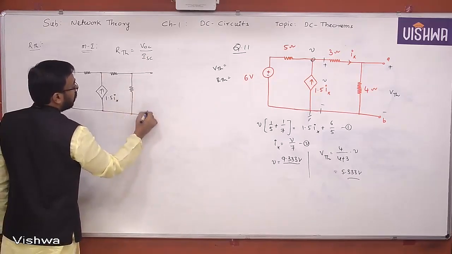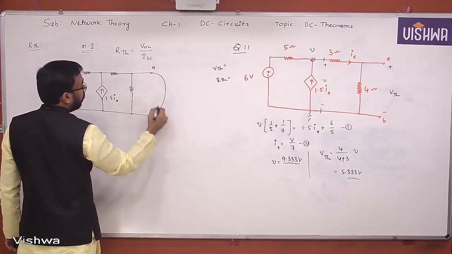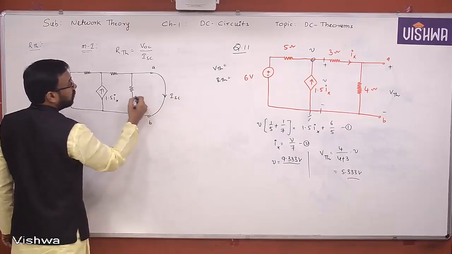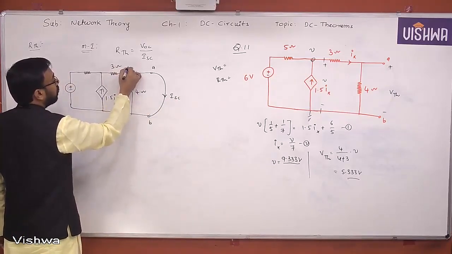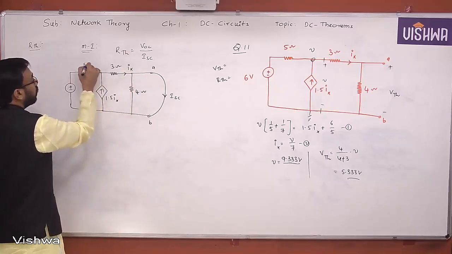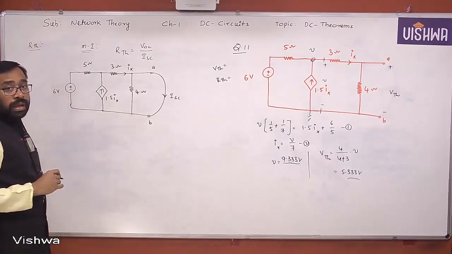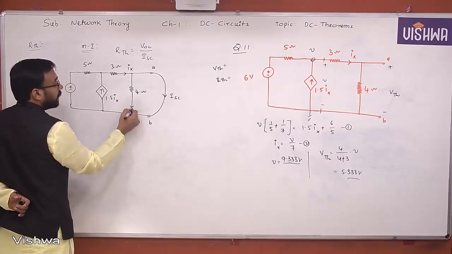Now you are short circuiting these two terminals A, B. This is nothing but what you call ISC or I Norton. 4 ohm, 3 ohm, Ix, 5 ohm, 6 volt. Understand? Now, this is neglected because it is short circuited.